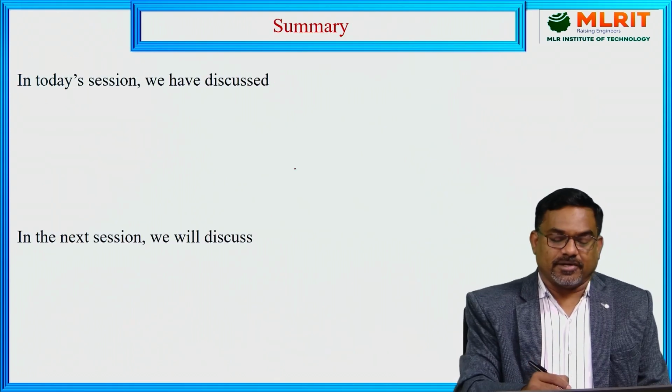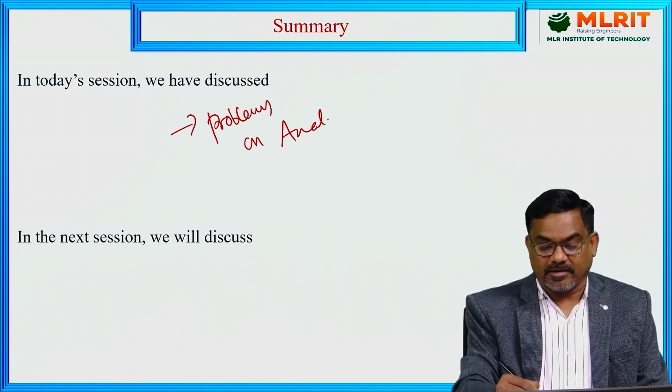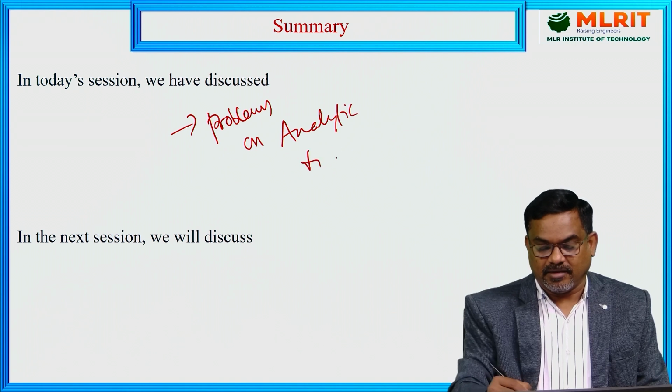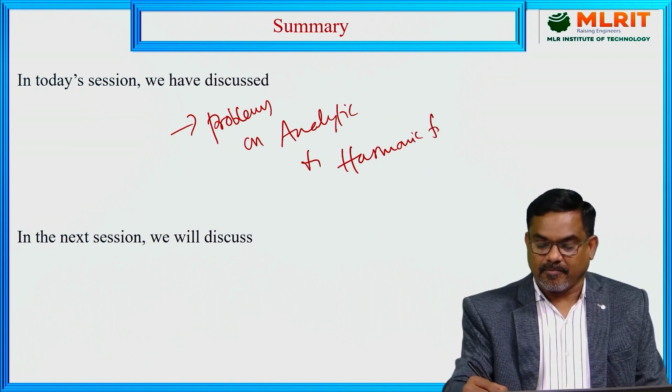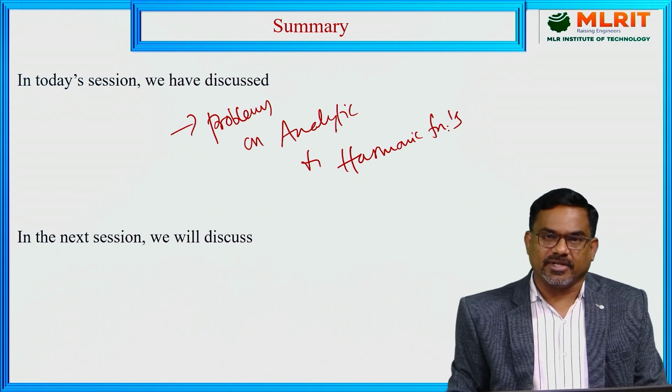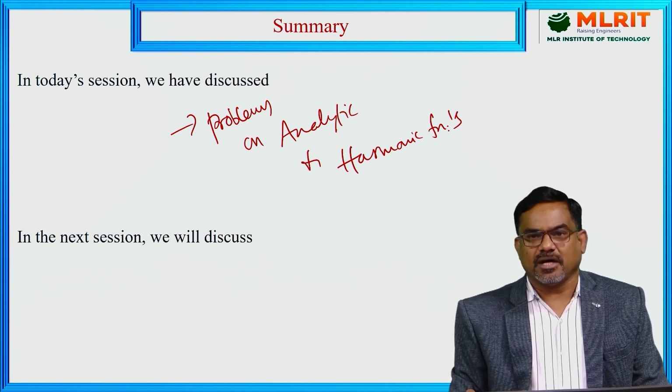In today's session, I have solved some problems on analytic and harmonic functions: how to check whether the given function is analytic or not, whether the given function is harmonic or not.